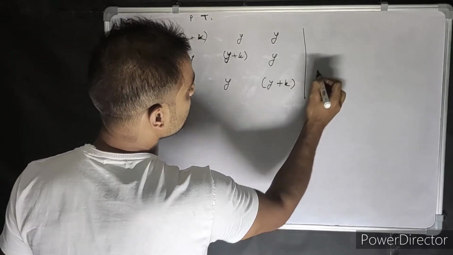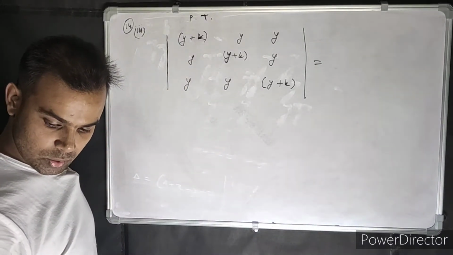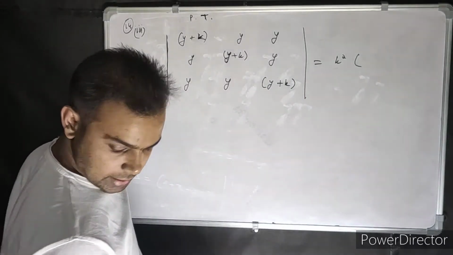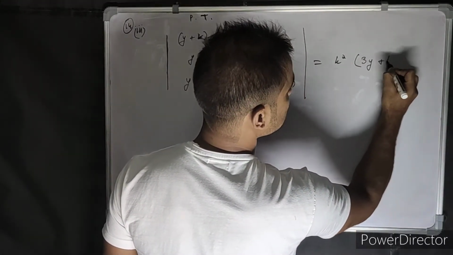The pattern is going like this, and this is equal to k square into 3y plus k.